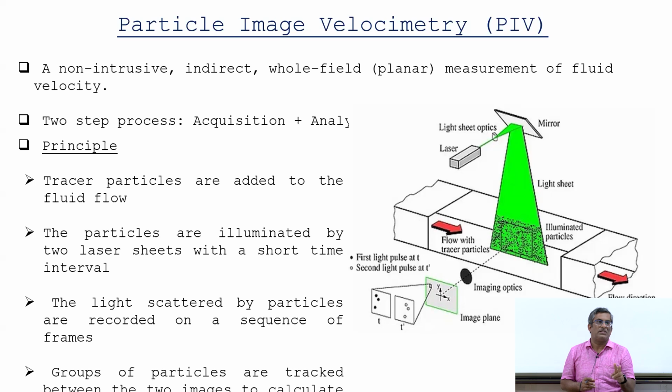So 2 things here. Similar to LDV, here we don't measure fluid velocity, we measure velocity of seeding particles. Second thing, we don't measure individual particle velocity, we measure velocity of group of particles. So this is the basic principle of the PIV technique.